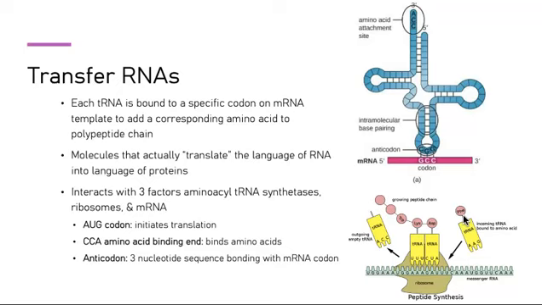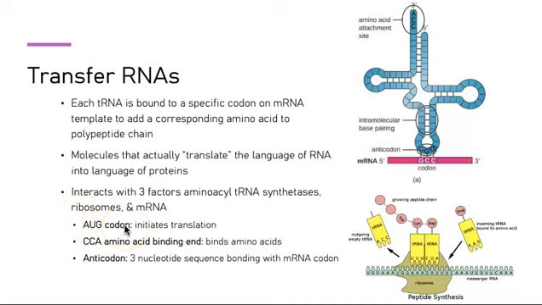And we're going to have 3 factors that it interacts with in order to get the job done, and that is going to be our amino-acyl tRNA synthetases. We'll be talking about that more on the next slide, our ribosomes, and our mRNA strand. Like we mentioned before, that AUG codon is the start codon.